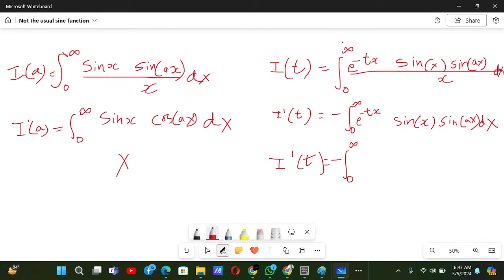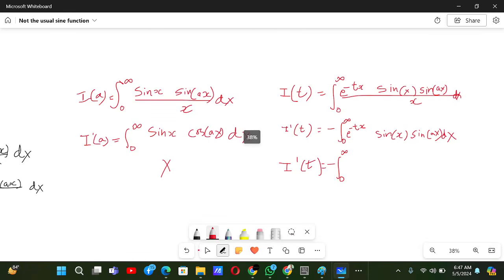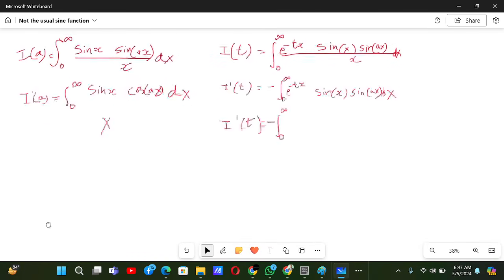At last, after we find the answer, if I just put t equals 0 here, then this will be the required integral, so there's no need to worry about that. Basically, when I put 0, this is the same as the integral over here.